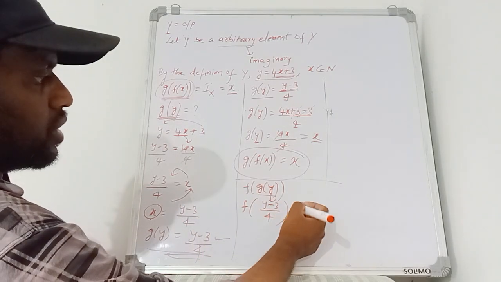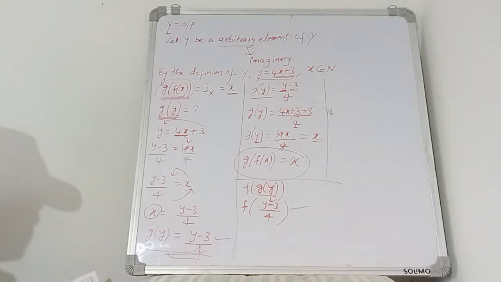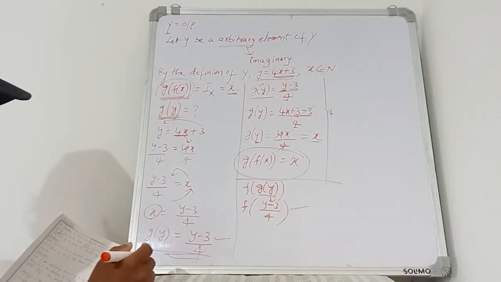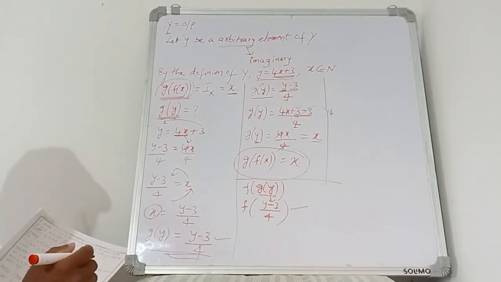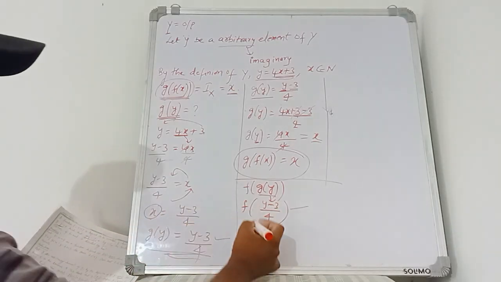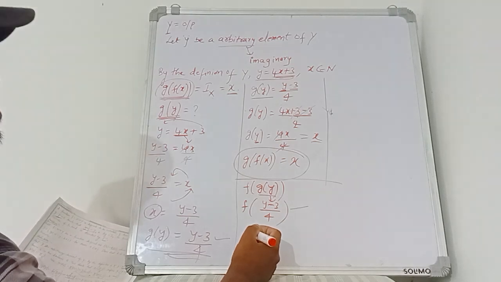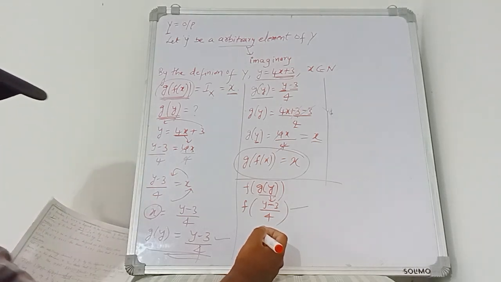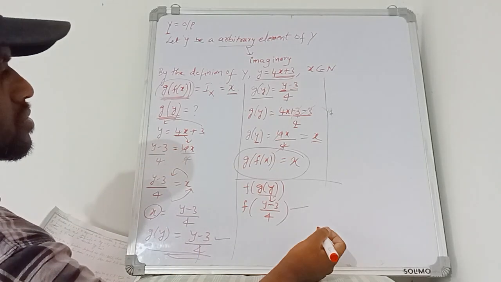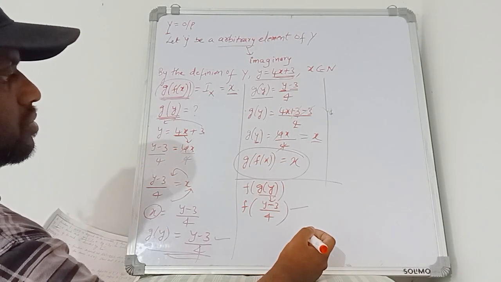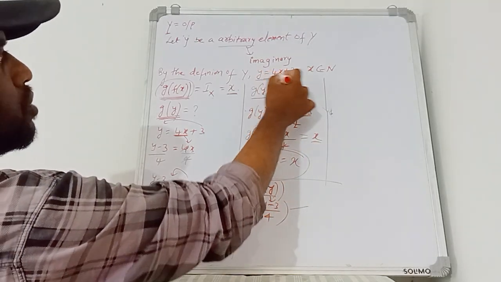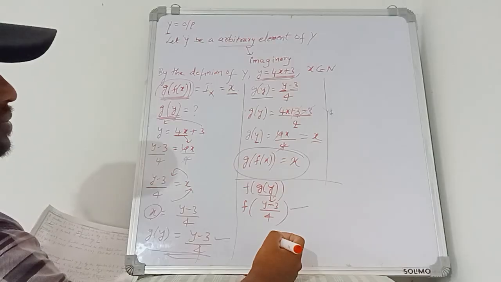Next, we have to simplify this further. 4x plus 3. So we have y is equal to 4x plus 3.